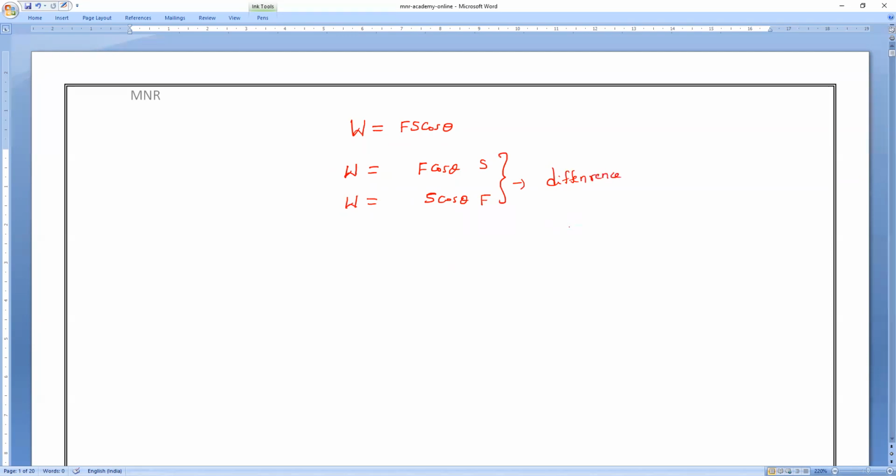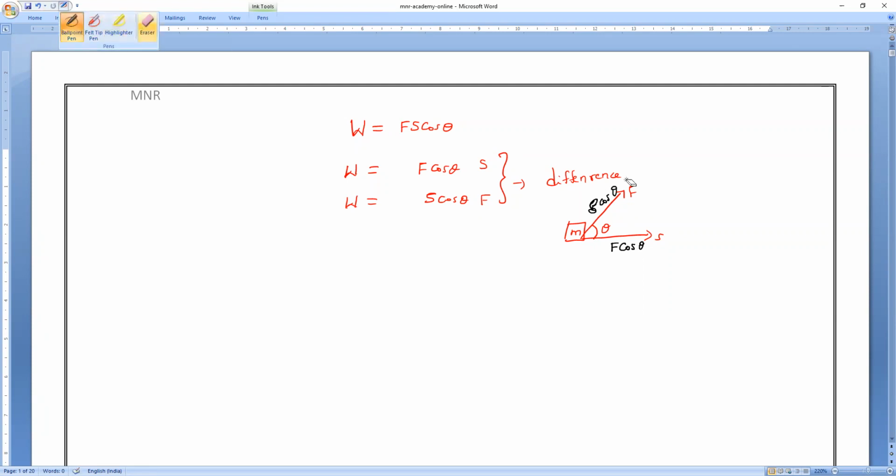There is a difference. So what is that? Suppose an object is moving in a displacement like this, and the force exerted on it is F, and the angle between force and displacement is theta. The component of force in the direction of displacement is F cos theta, and the component of displacement in the direction of force is S cos theta.